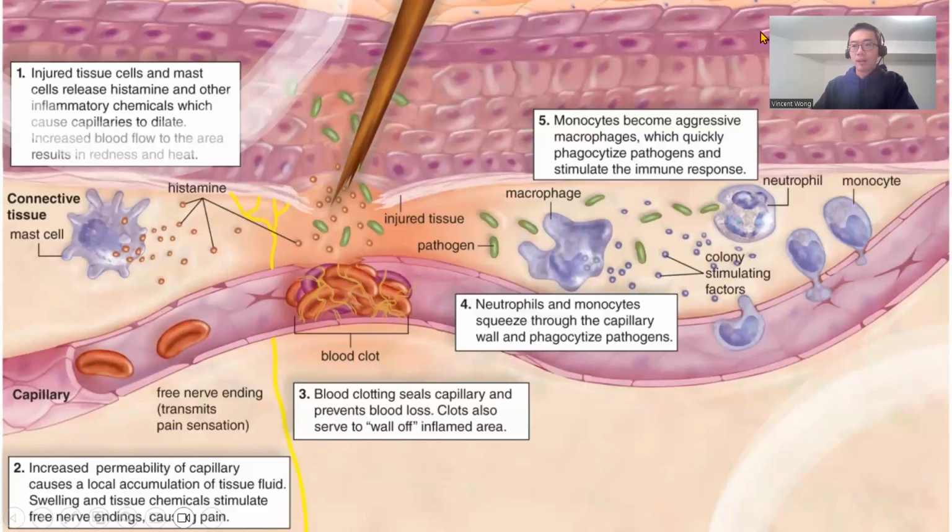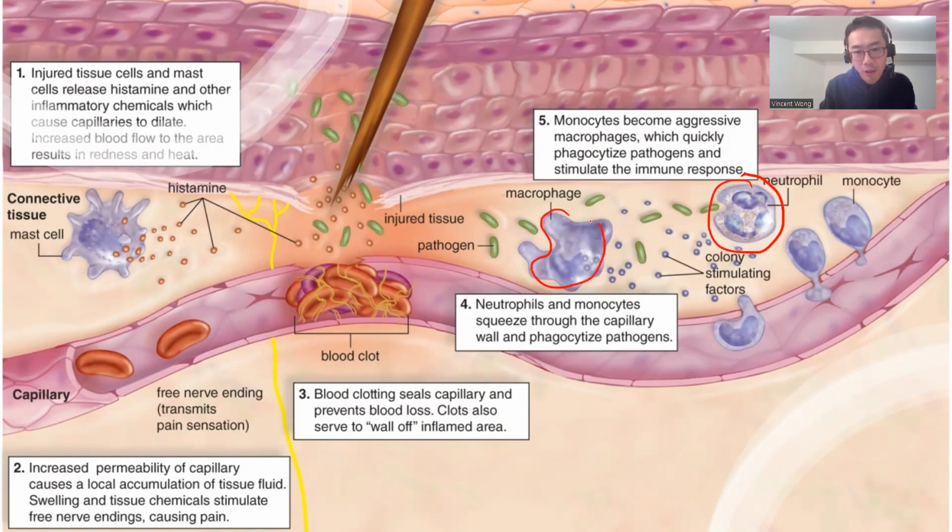Okay, so this is a very good summary picture that you should read through on your own. We have the splinter coming in, introducing these bacteria, the green ones, and then you have the mast cell here releasing the histamine, which would cause the blood vessels to expand and become more permeable. And we have the neutrophil here.